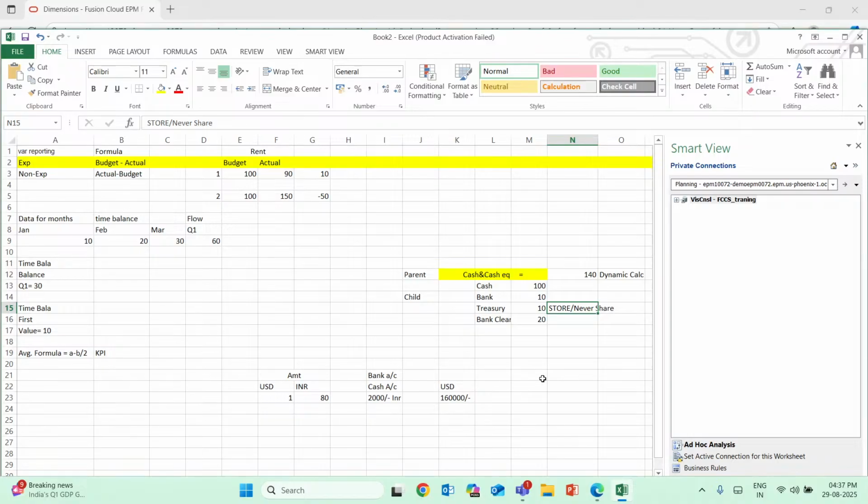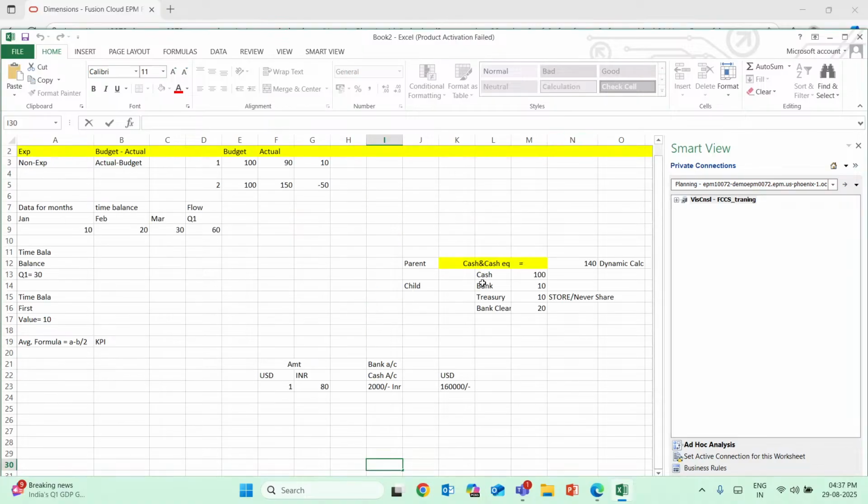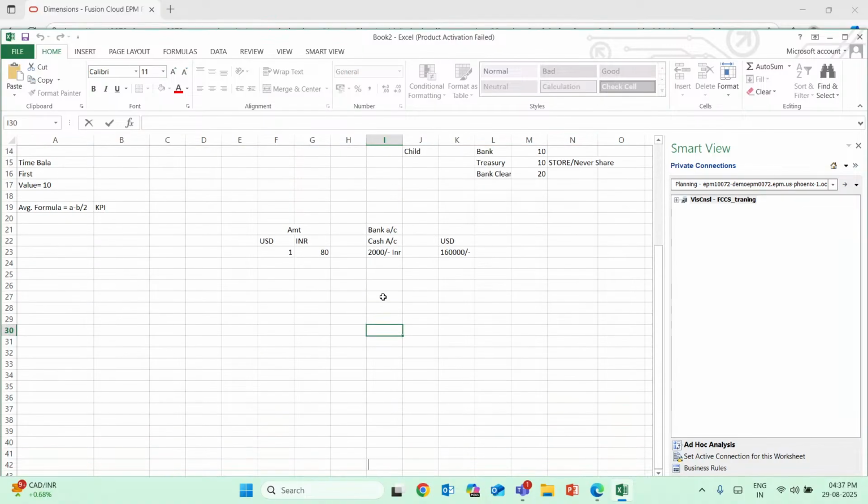Let's take any other hierarchy. There is already cash, bank, and let's take ratios or other assets. These ratios and assets also want to have treasury account.